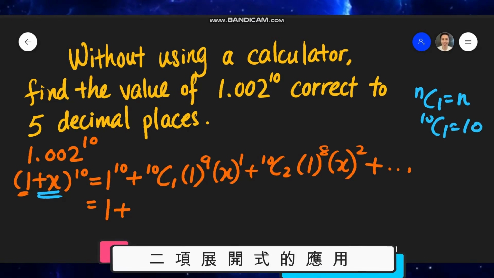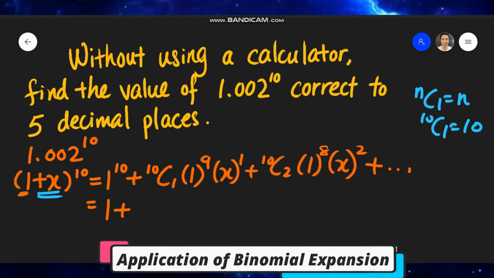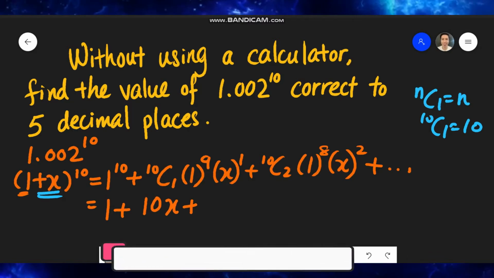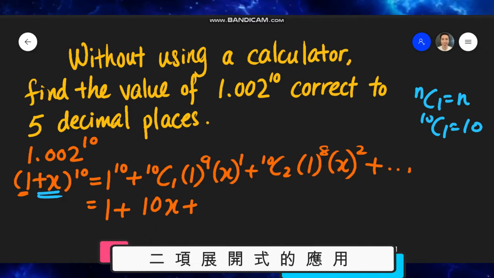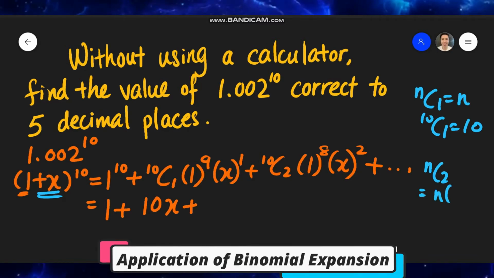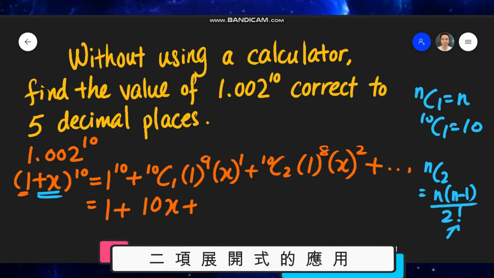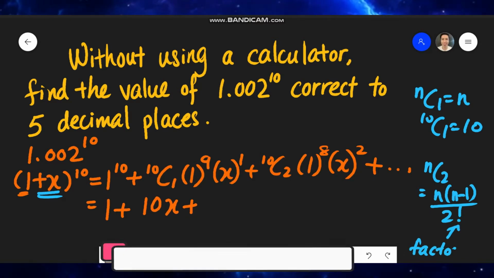Here we have 10 times 1 is 10, so we get 10x. Then plus 10C2. For nC2, the formula is actually n times (n minus 1) over 2 factorial. This exclamation mark we call factorial. So 2 factorial means 2 times 1.